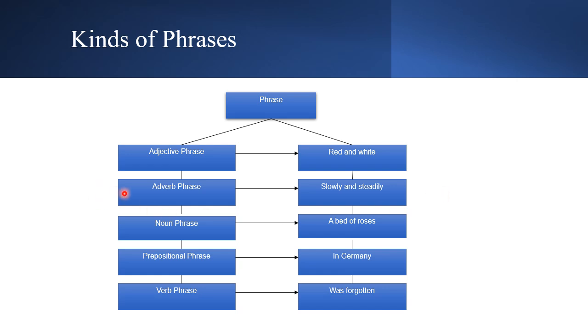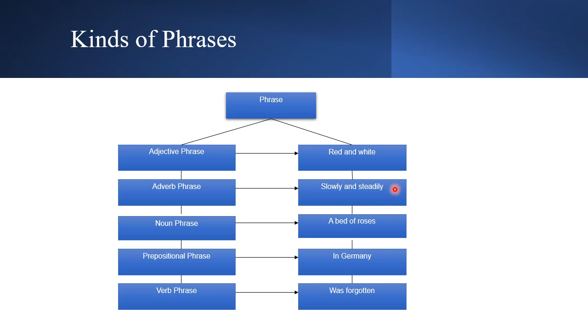Adverb phrase would be a phrase which has adverbs in it. For example, slowly and steadily. So if I use that in a sentence, I would say slowly and steadily she moved into the room. Okay, so the words slowly and steadily explain how she moved.